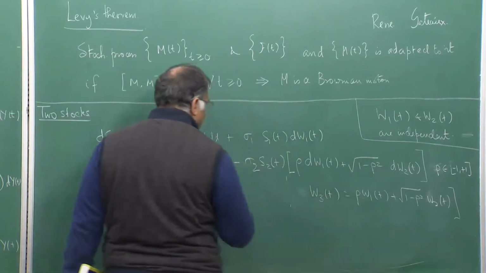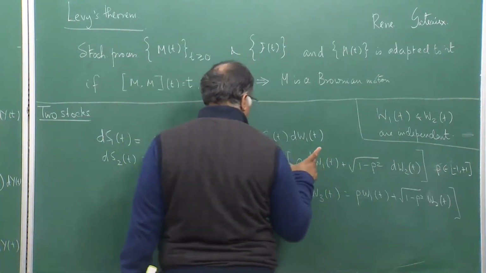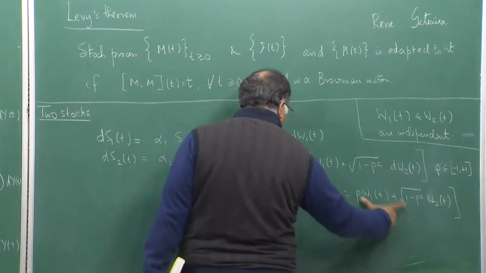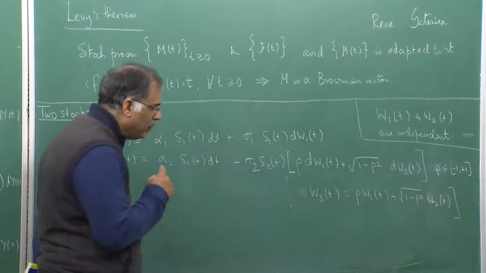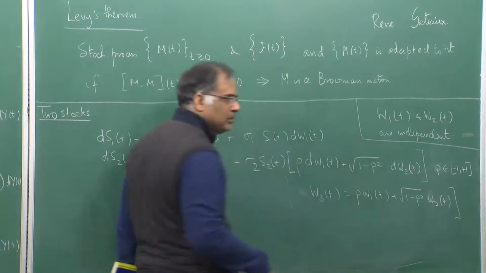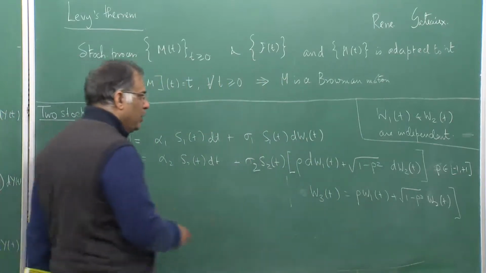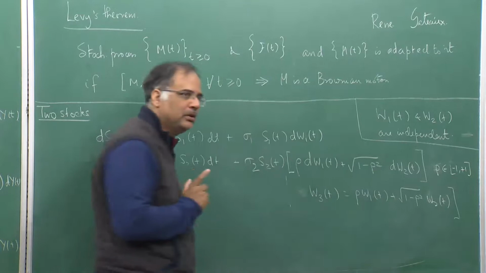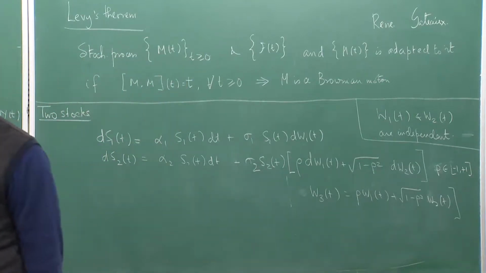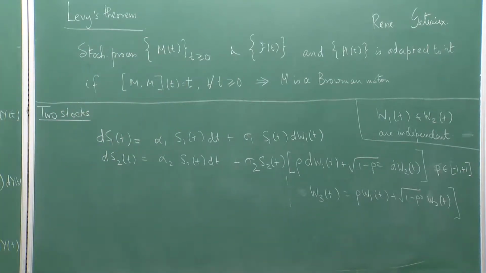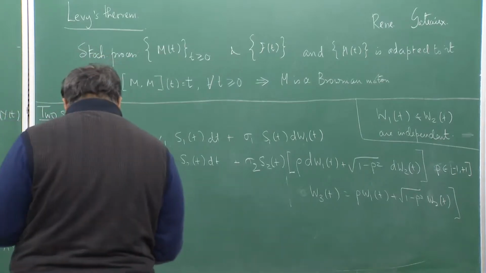I had just written it down because that is what will come: if W3t is chosen like this, then dW3t would actually be this, and there will be a correlation between W1t and W3t. You can compute the covariance, and that is why we start looking at how to do this.